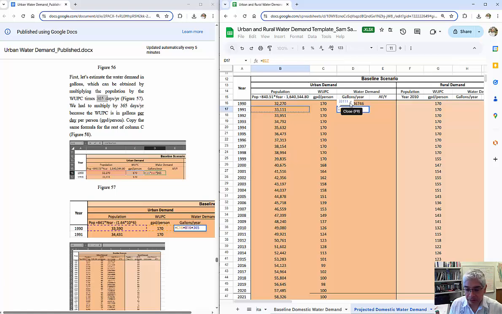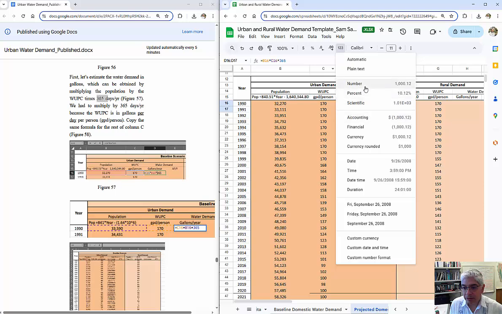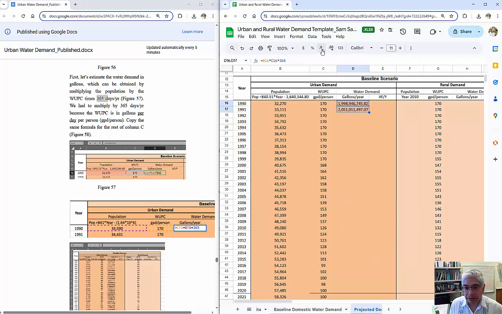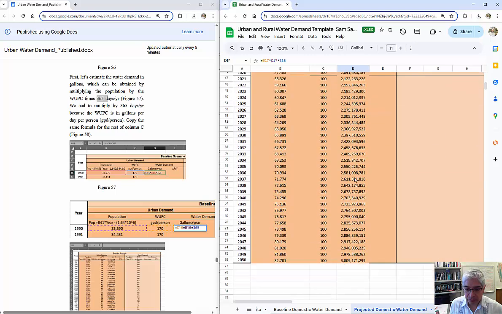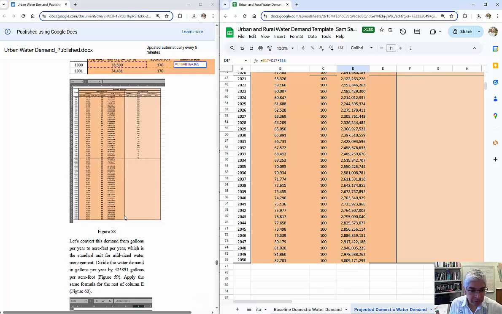Let's do the same here. So this times 365, and these two, I really want to have a different format, one that actually has commas and that doesn't have decimal points. Ta-da! Have it all the way down here.